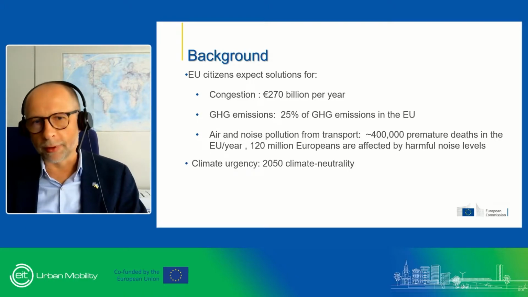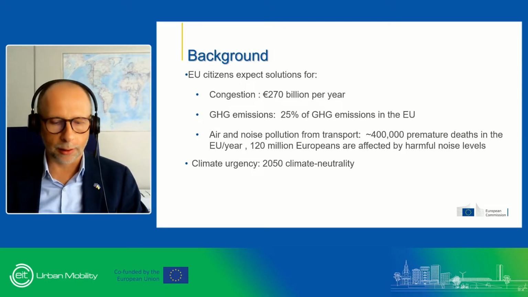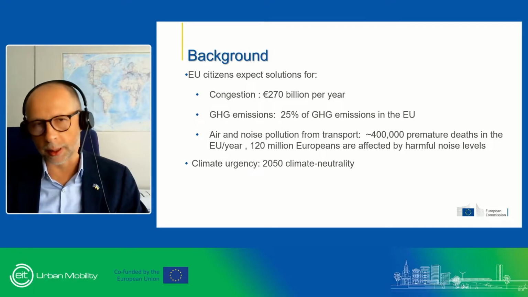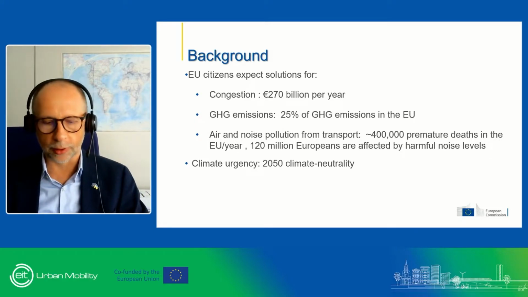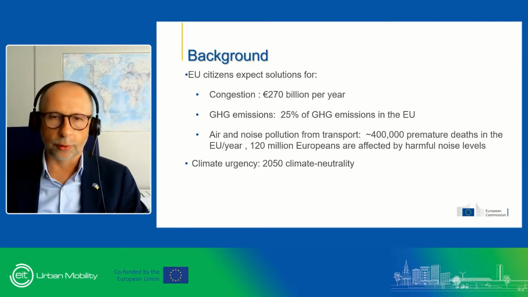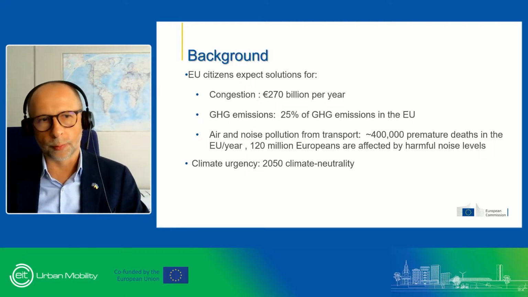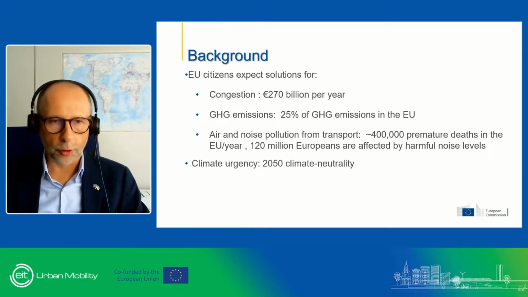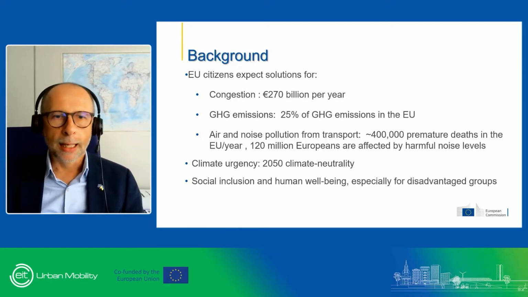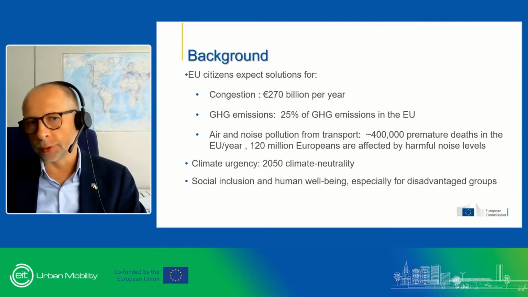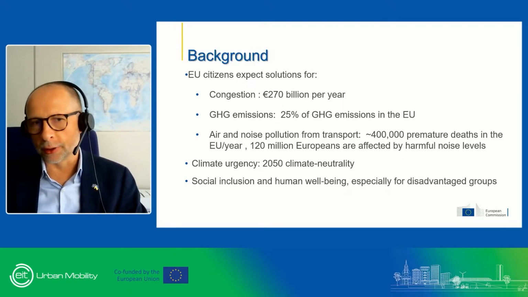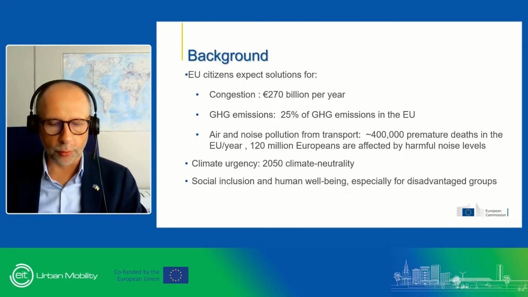Then we have a climate urgency. The climate target plan aims at reducing greenhouse gas emissions by at least 55% by 2030, and by 2050, Europe is to become the first climate neutral continent. The next element is a very important one when we look at DRT, social inclusion and human well-being.